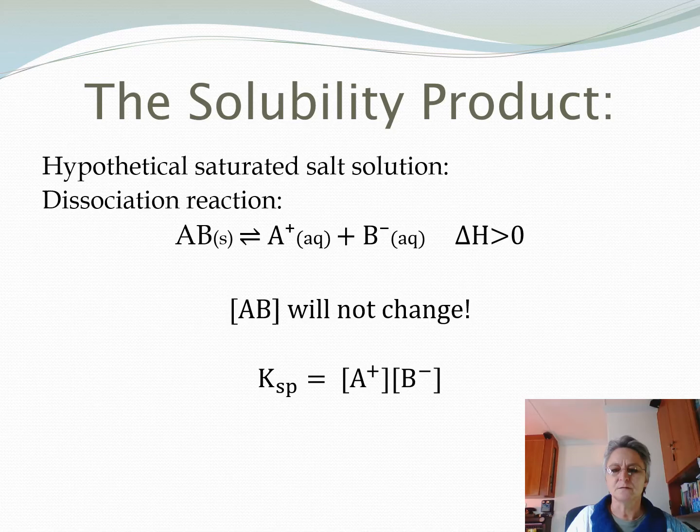If the salt is very soluble, Ksp would have a high value. If the salt is hardly soluble, like calcium hydroxide, which is only slightly soluble, the Ksp, the solubility product, will be a very small value.